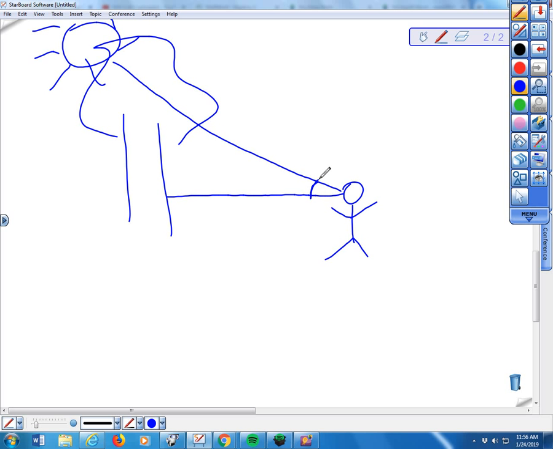So from my eye to the sun, this is called the angle of elevation. It's measured from the horizontal up to an object. I'm trying to see what that angle is to the object. Angle of elevation. Elevation, I always think up.